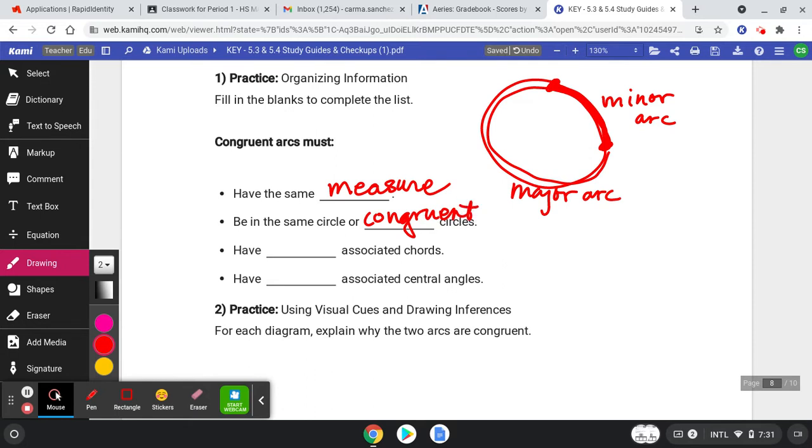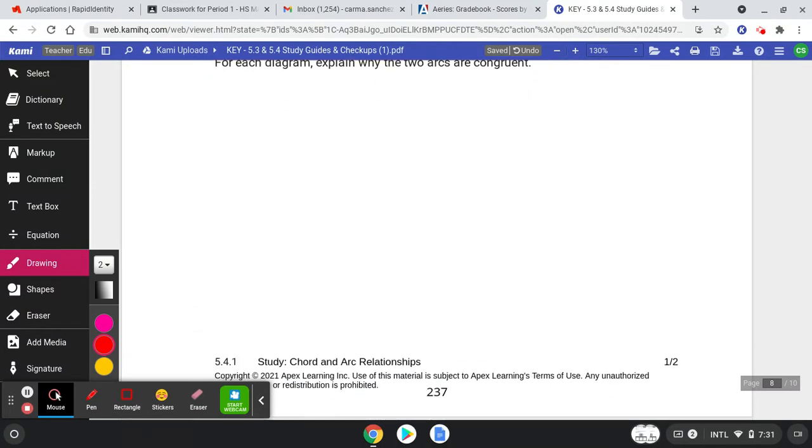And they must have congruent associated chords. And they must have congruent associated central angles. So when all these things are congruent and have the same measure, then the arcs can be said to be congruent.